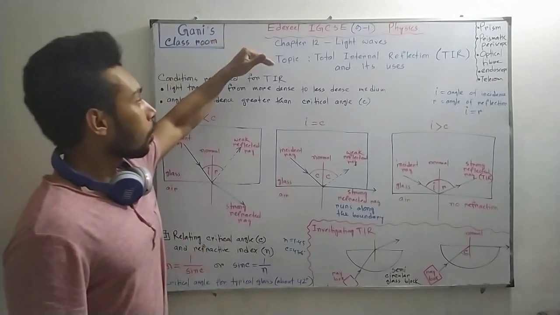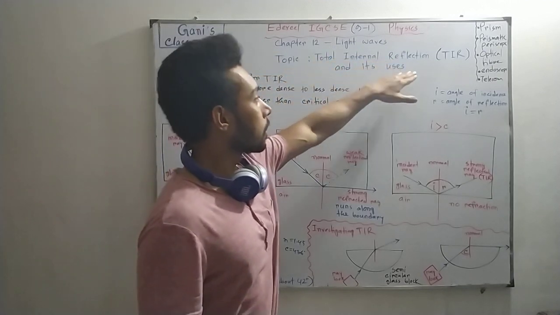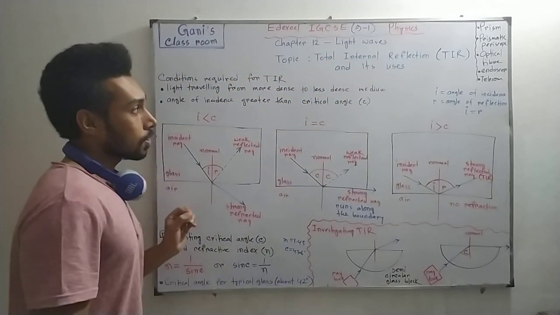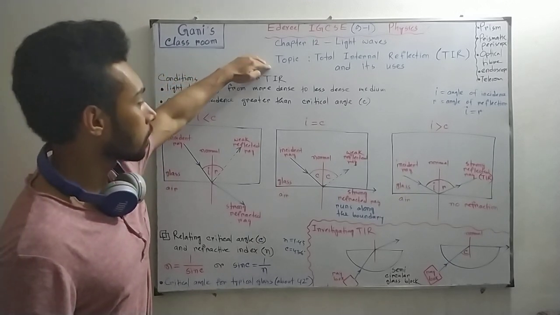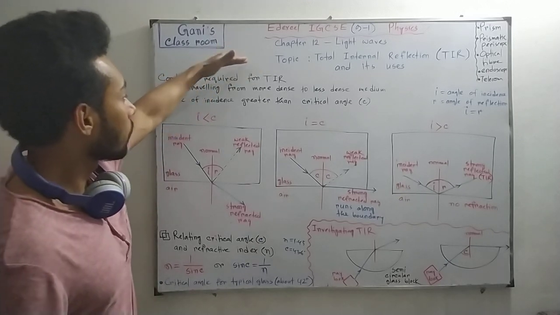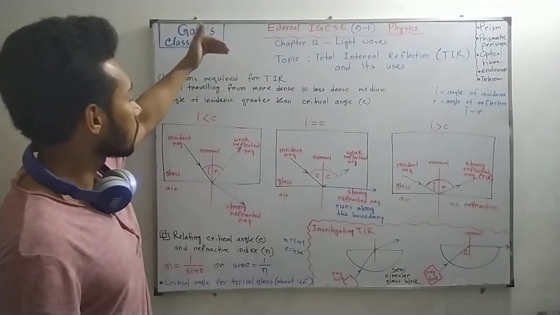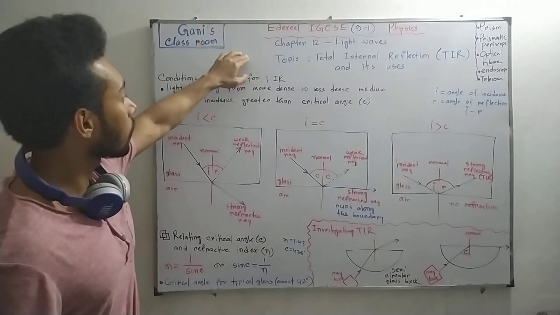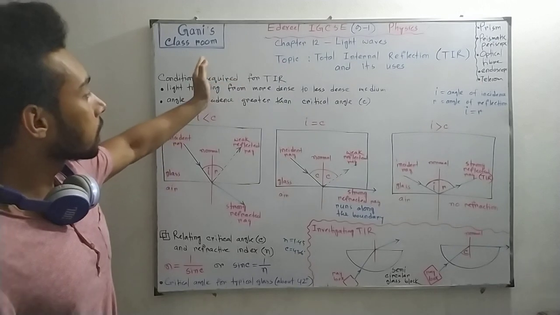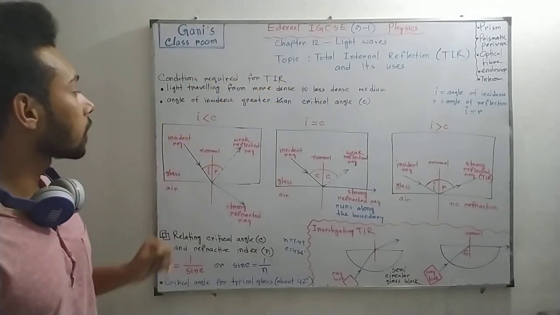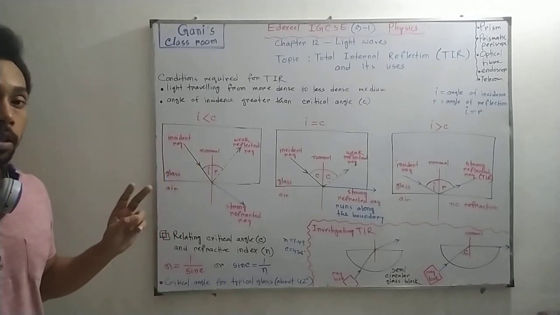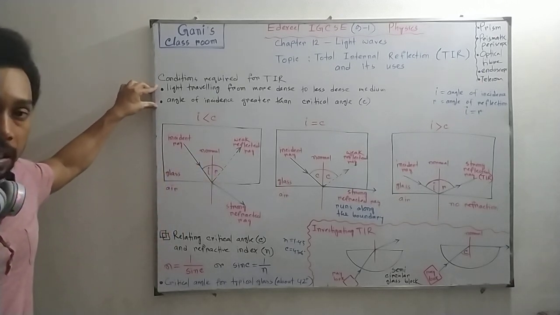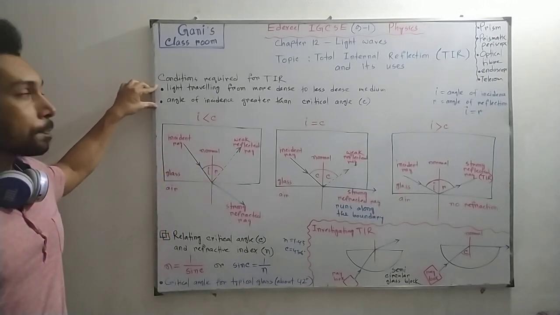Okay, before understanding total internal reflection, we must understand the conditions required for it. Total internal reflection is sometimes addressed as TIR, as its short form. For total internal reflection to occur, these two conditions must be satisfied.